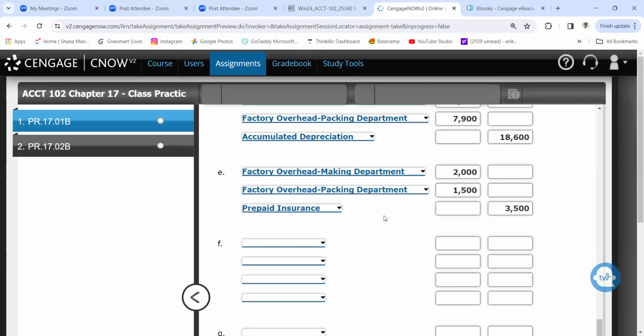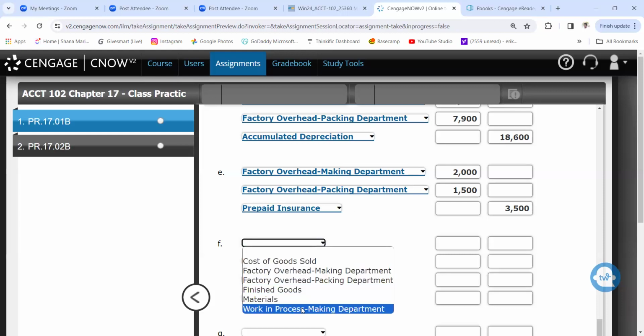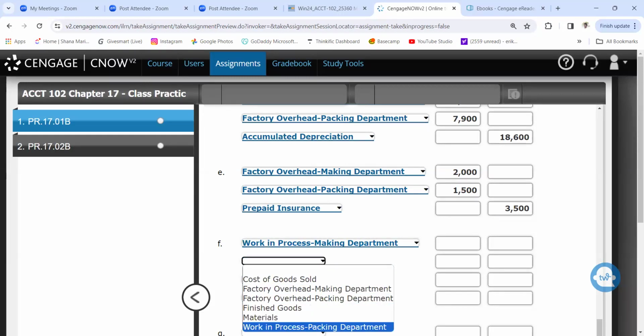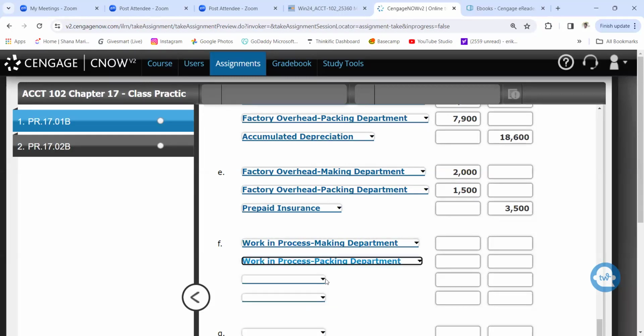F, apply factory overhead. Now remember, when it's applied, it goes into work in process, but if it's applied, it is a credit. So we have applied making, and that's going to go into WIP. Applied packing, that's going to go into WIP.